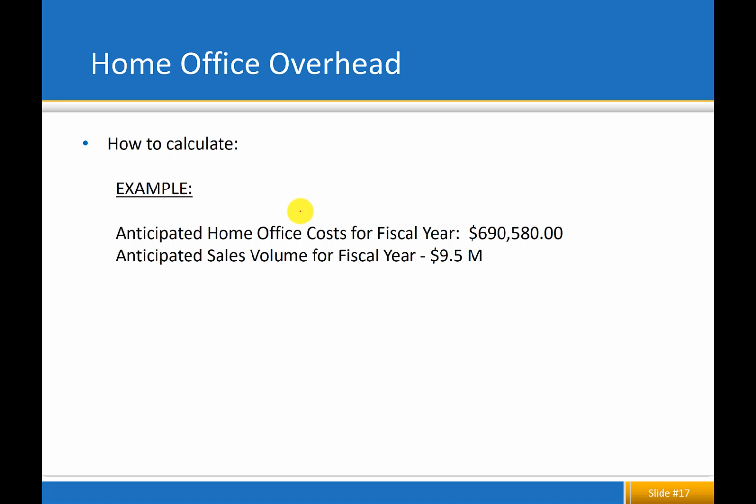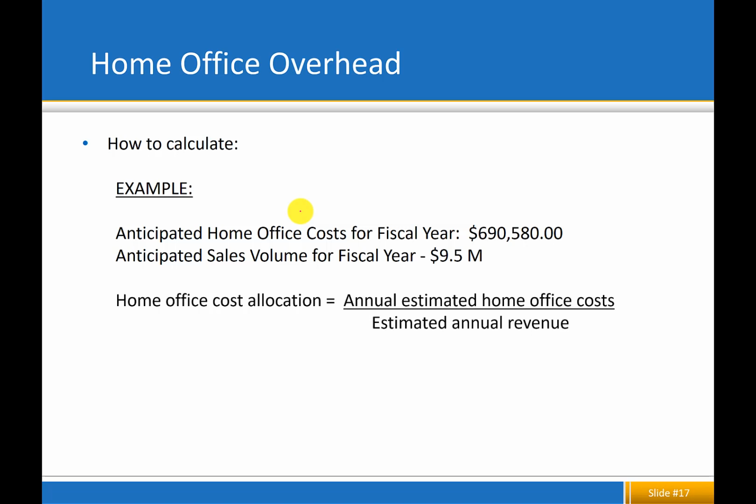Let's say that you anticipate a home office cost for a fiscal year to be that much, and anticipate the sales volume of your fiscal year to be 9.5 million, right? So what's the percentage of your home office? How many cents do you need to spend on your home office if you make $1?